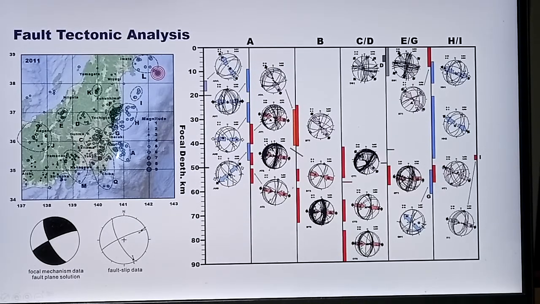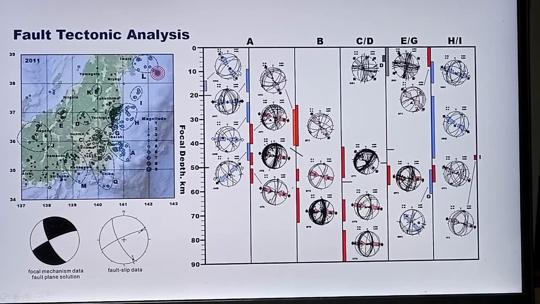At cluster A, the lower part shows NNW-SSE compression, but the deeper part nearly EW compression. The stress is changing from the shallow part to the deeper part.